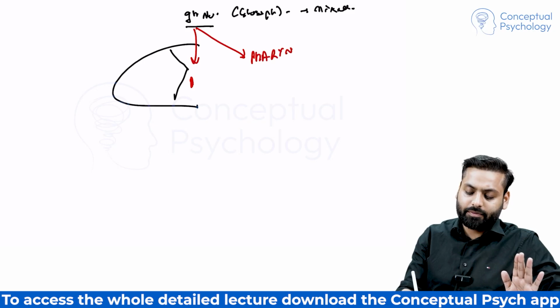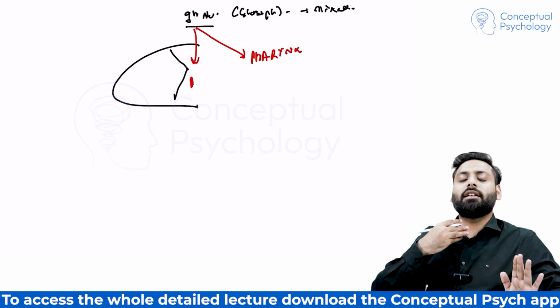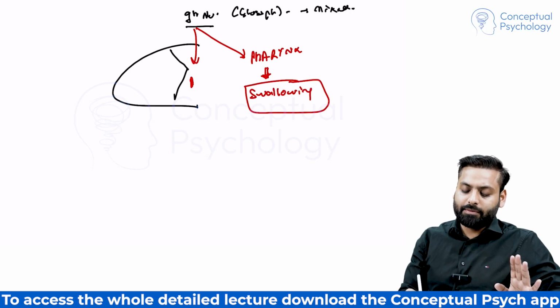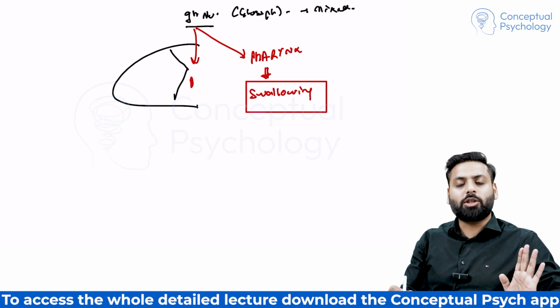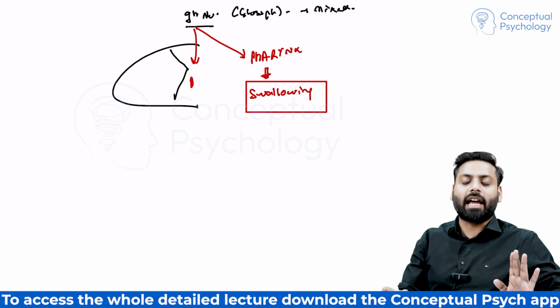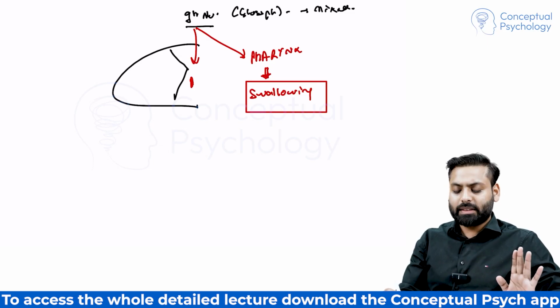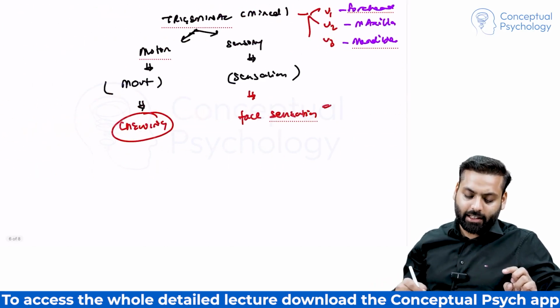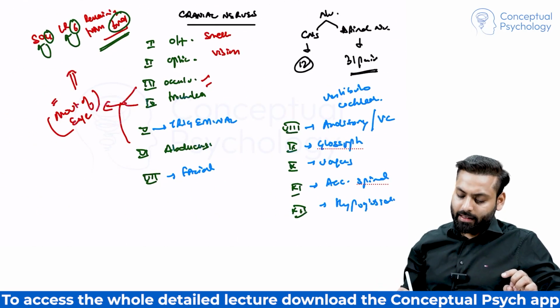Pharynx is where the throat is. And helps us in swallowing. So if the person has difficulty in swallowing, you must understand that the 9th nerve is gone. Okay, understood? Fine.